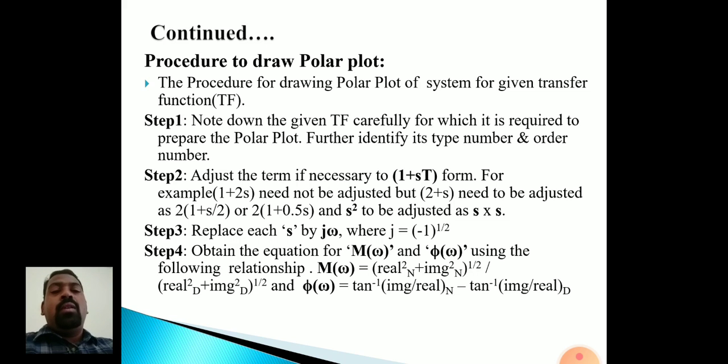Convert polynomials of s, maybe s squared or s cubed, into separate s terms, s into s, s into s into s, which easily converts to 1 plus sT form, and replace all the s terms by j omega, where j is the imaginary term, equal to the square root of -1. Then obtain the equation for magnitude ratio as well as phase angle using the relationship described in step number 4.